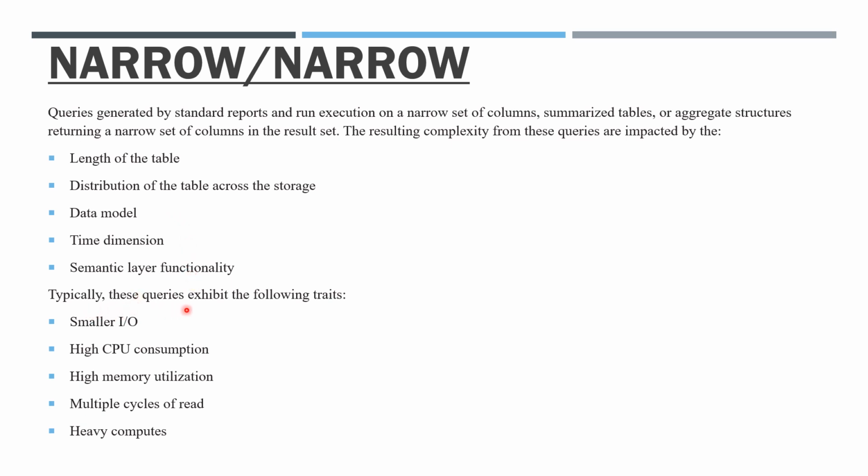Typically these queries exhibit the following traits: smaller input output, high CPU consumption, high memory utilization, multiple cycles of read, and heavy computes. Okay, that's the 4 query classification and all the explanation regarding the queries.